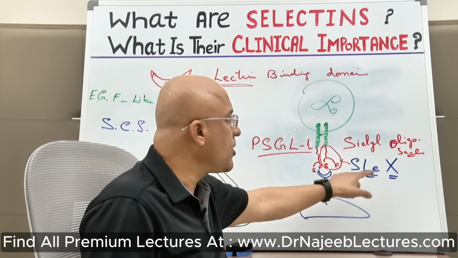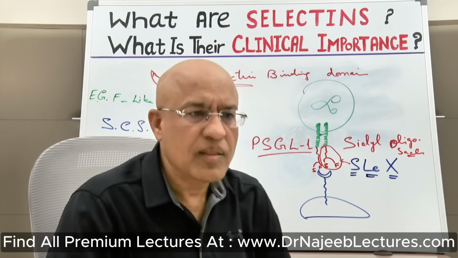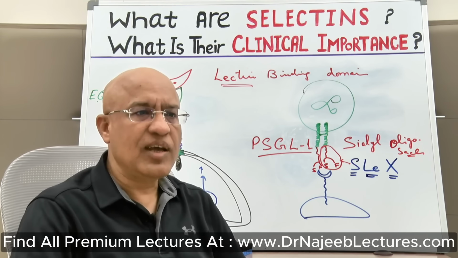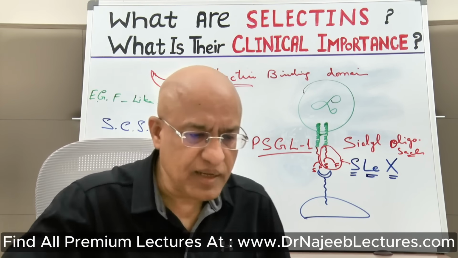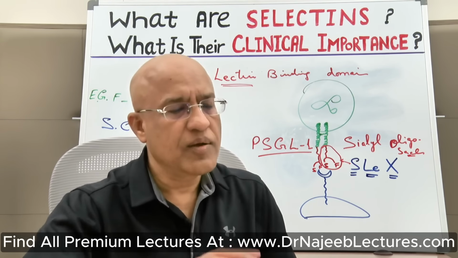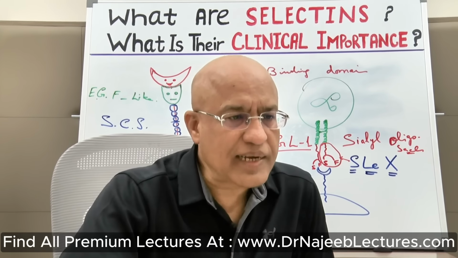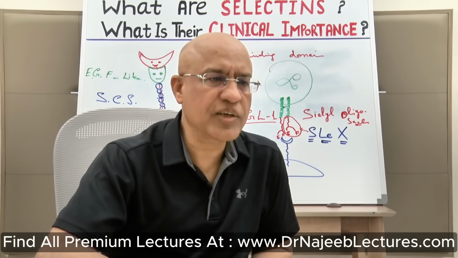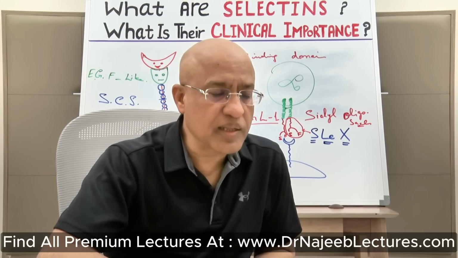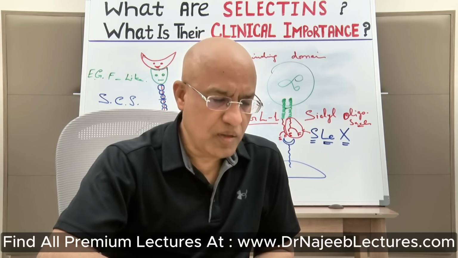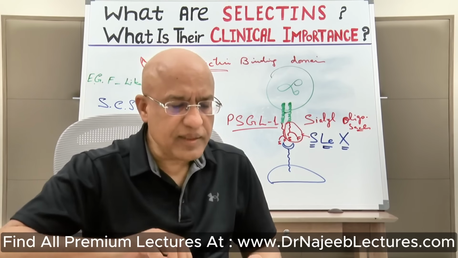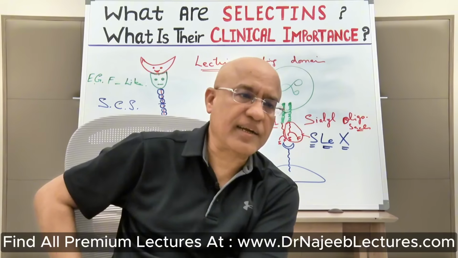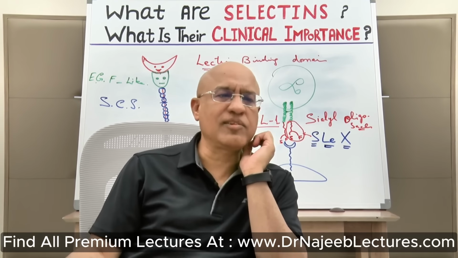Sialylated Lewis X epitope, right? So this was the role of selectins in inflammation, that it helps in recruiting the white blood cells.